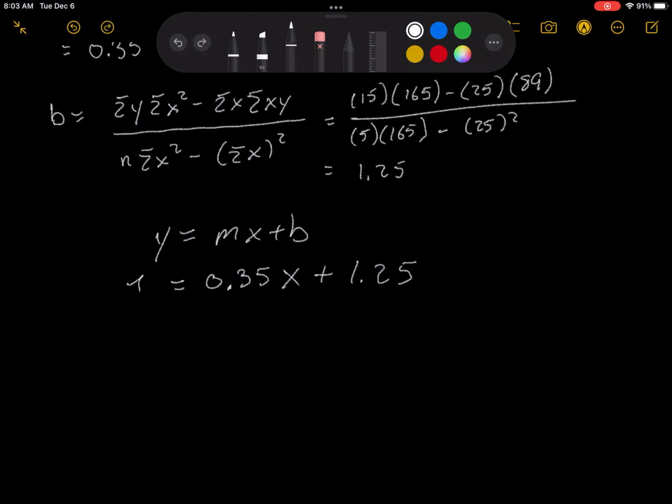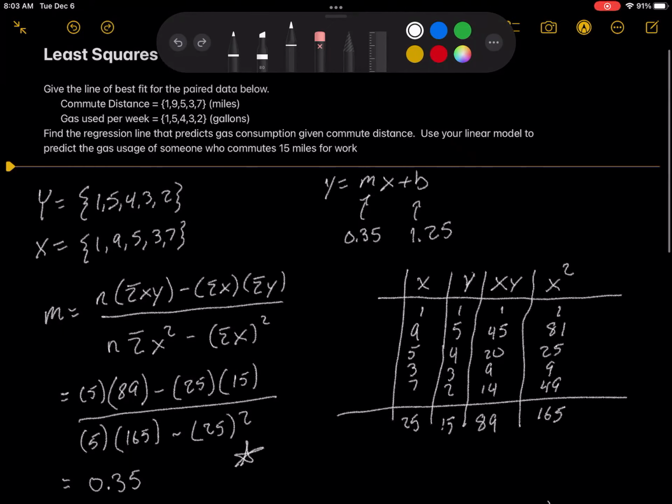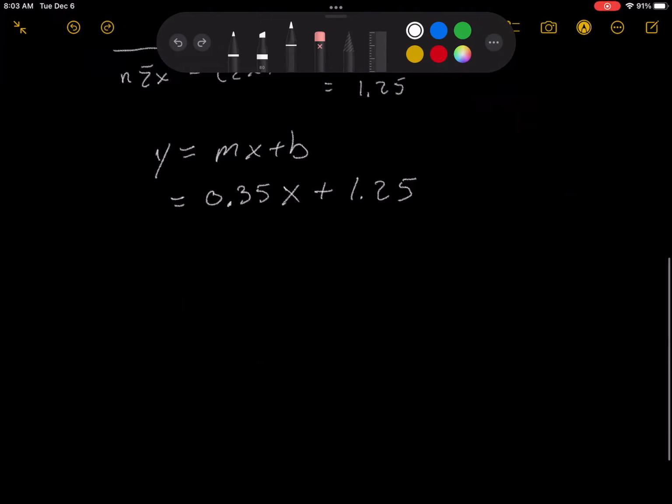So I can use this. The second part of this problem asked me to make a prediction using my linear model. Use our linear model to predict the gas usage of someone who commutes 15 miles for work. So what happens when x is equal to 15? You get 0.35 times 15 plus 1.25.